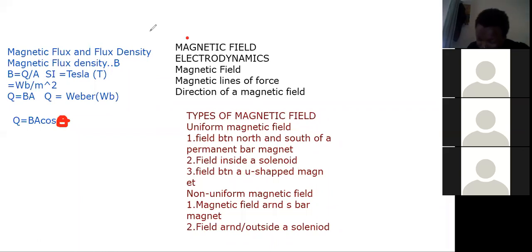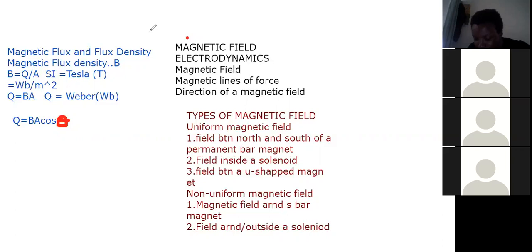Now let's take the second one. Calculate the magnetic flux through a square coil of size 10 cm, set with its plane at 60 degrees to a field of flux density 1600 T. Let me reiterate.